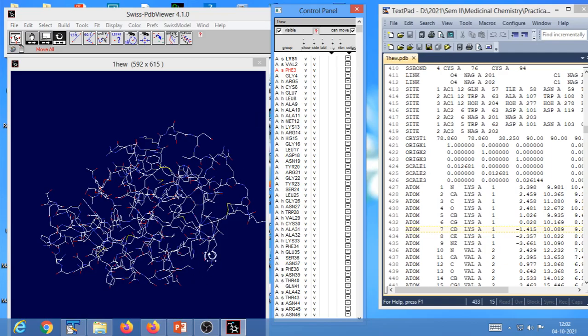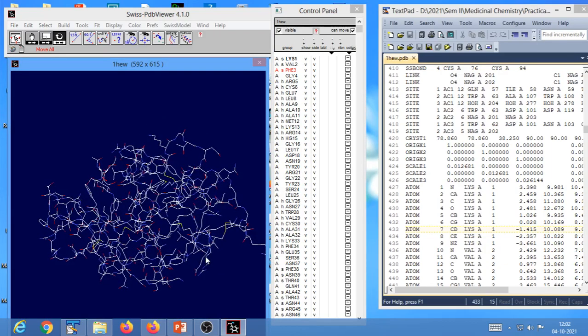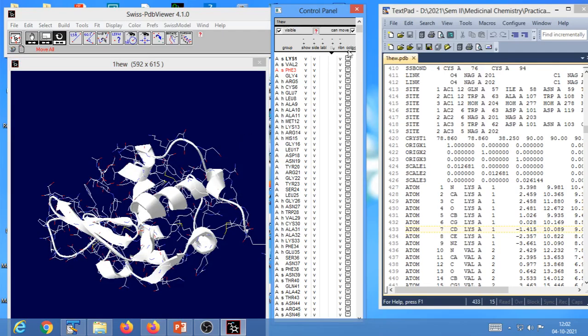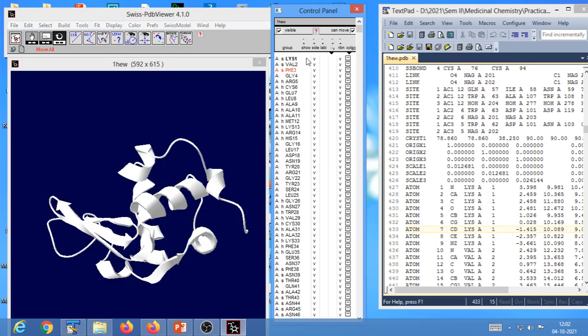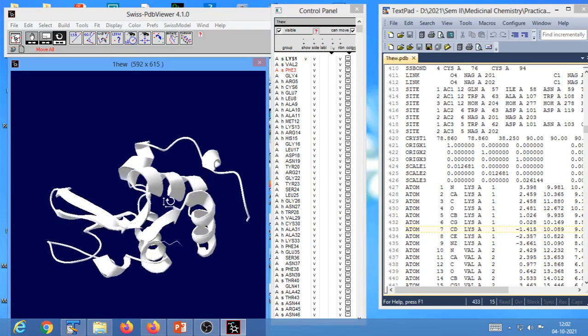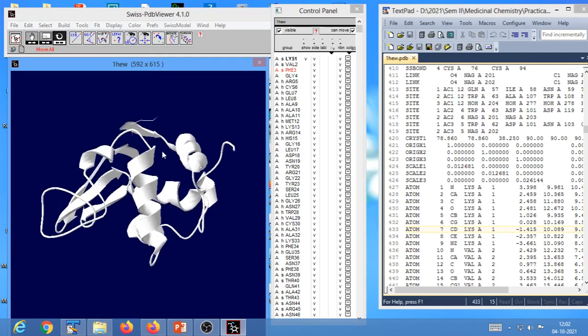For the time being, let us focus only on the first amino acid residue, that is lysine. Here it is located in your protein.